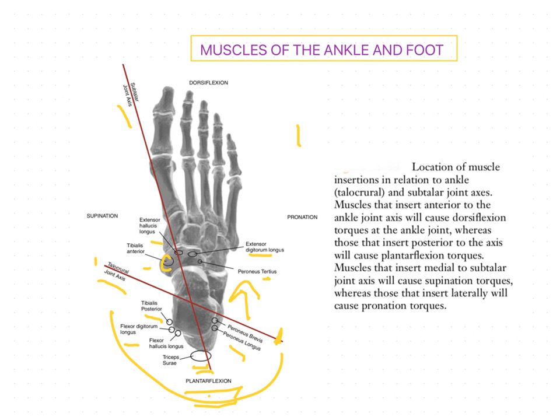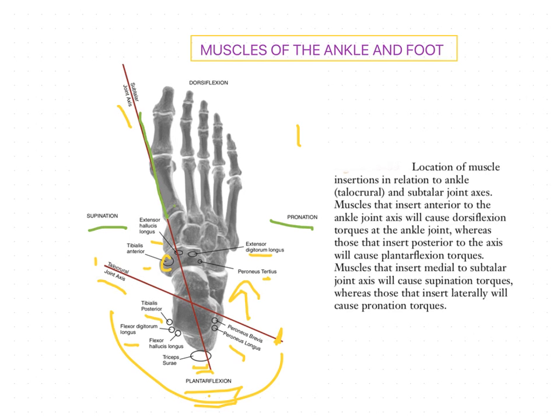The muscles which are located medial to the subtalar joint axis will produce supination torques, and the muscles which are present lateral to the subtalar joint axis produce pronation torques.